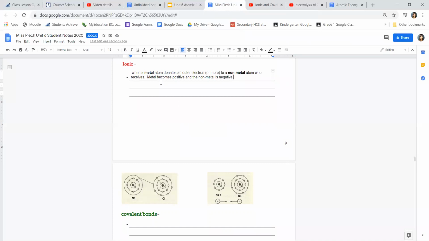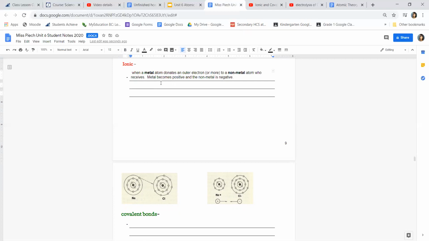But just keep in mind that when it comes to the periodic table of the elements, an ionic bond is basically where you have a bond between an element that is a metal mixed with an element that is a non-metal.